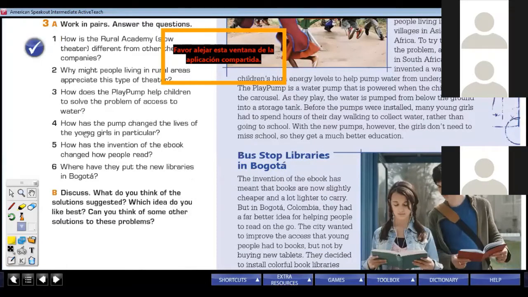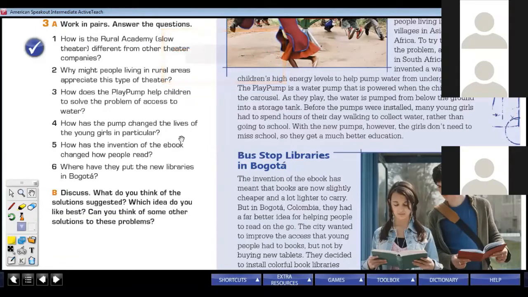How about number 4? How has the pump changed the life of the young girls in particular? They don't have to spend long hours trying to pump water, so they can go to school. Exactly, right?